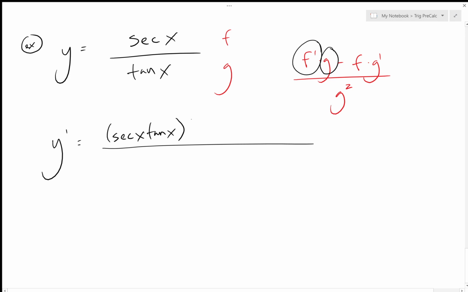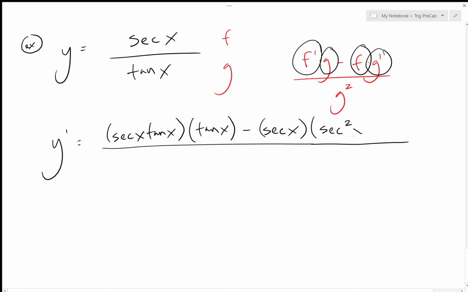And then g is times tangent, minus f which is secant x, multiplied by the derivative of g, so the derivative of tangent is going to be secant squared x. And on the bottom, tangent x, let's square the whole thing.